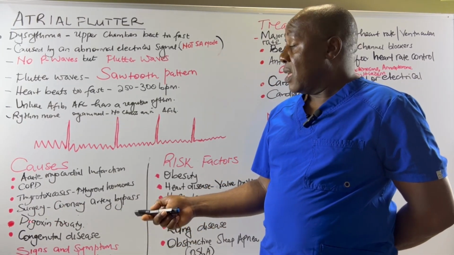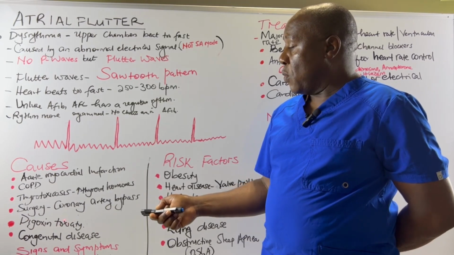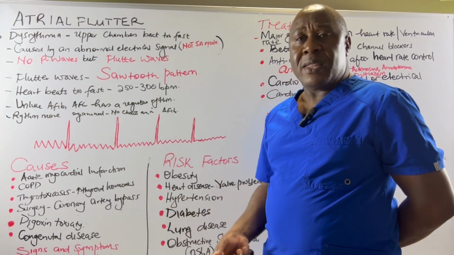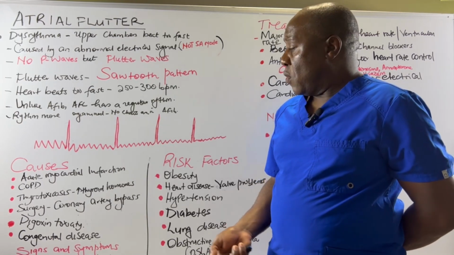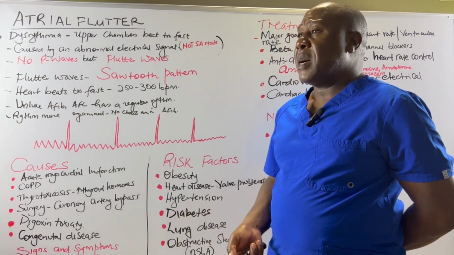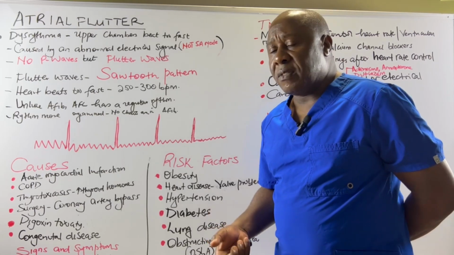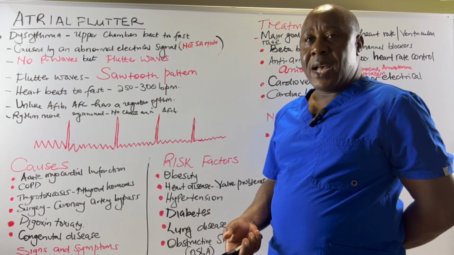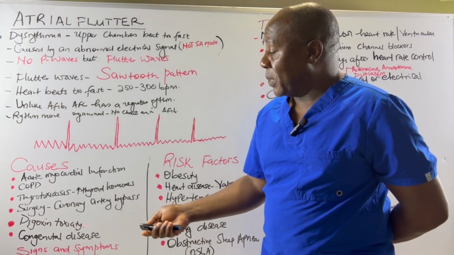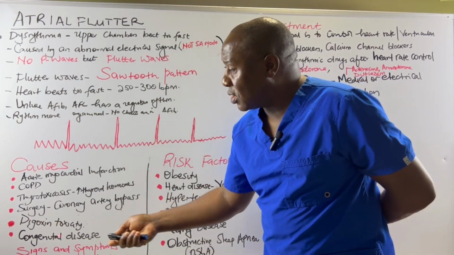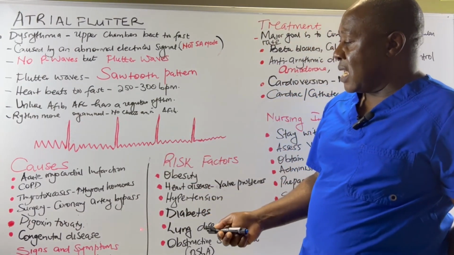Remember, digoxin is the drug used to strengthen the heart pumping and at the same time reduce the heart rate. So we normally say that we aim at achieving a positive inotropic effect and a negative chronotropic effect with digoxin. So digoxin toxicity could result in atrial flutter.